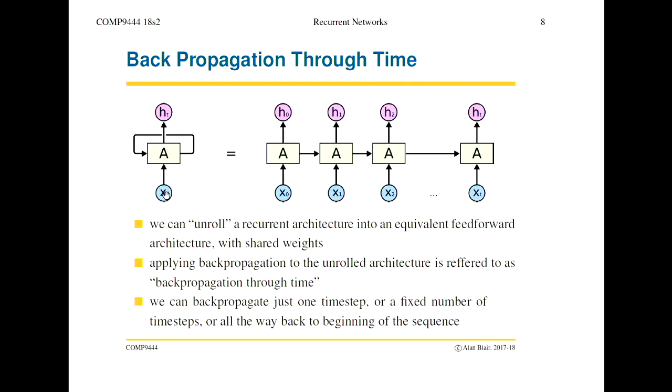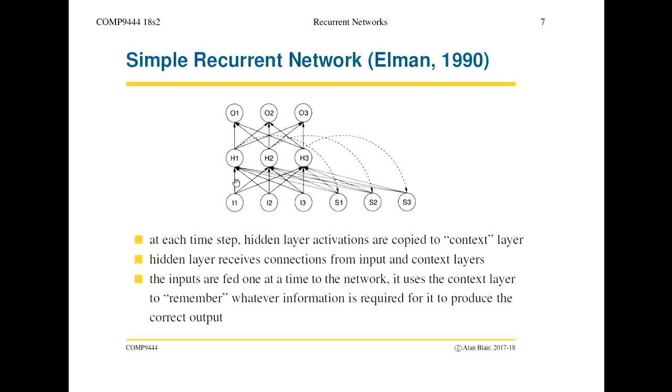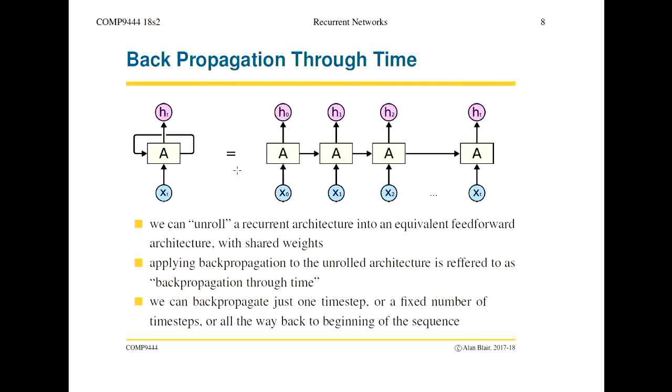This is the inputs, that's the hidden nodes, and that's the output, and this arrow here is meant to indicate that the activations at the previous time step are feeding into the activations at the current time step. So this is just an abbreviated way of drawing this, and we understand that there's a time delay in this arrow here.